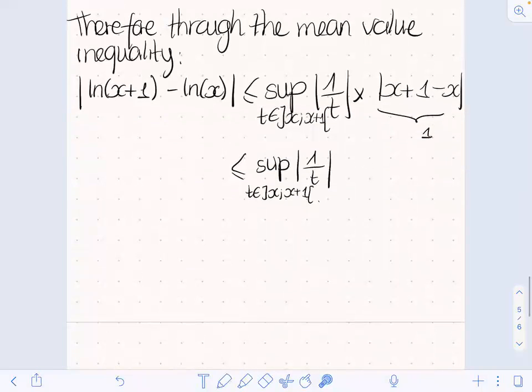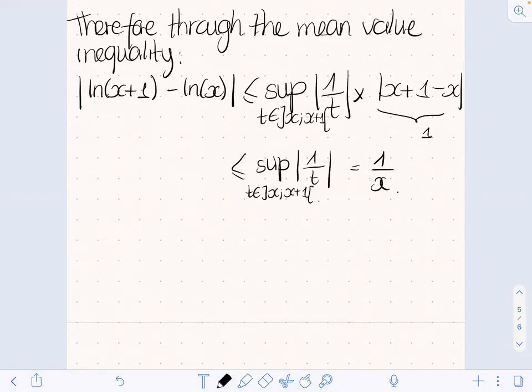And what's this supremum equal to? To 1 over x. Yeah, absolutely, because x is positive.